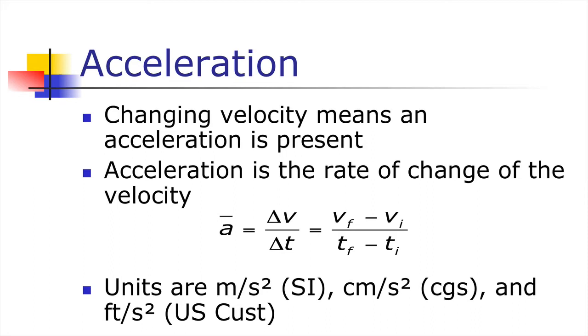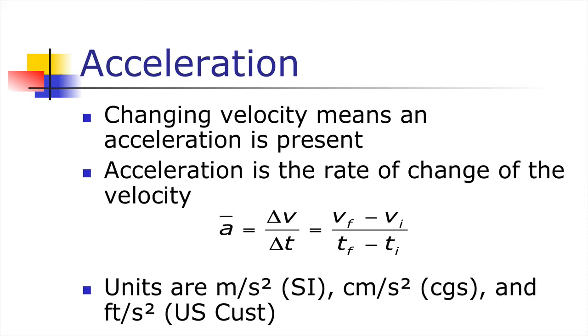Why do we need to know about acceleration? When you are slowing down, you have acceleration. When you are speeding up, you have acceleration. If you're not speeding up or slowing down, you don't have any acceleration.